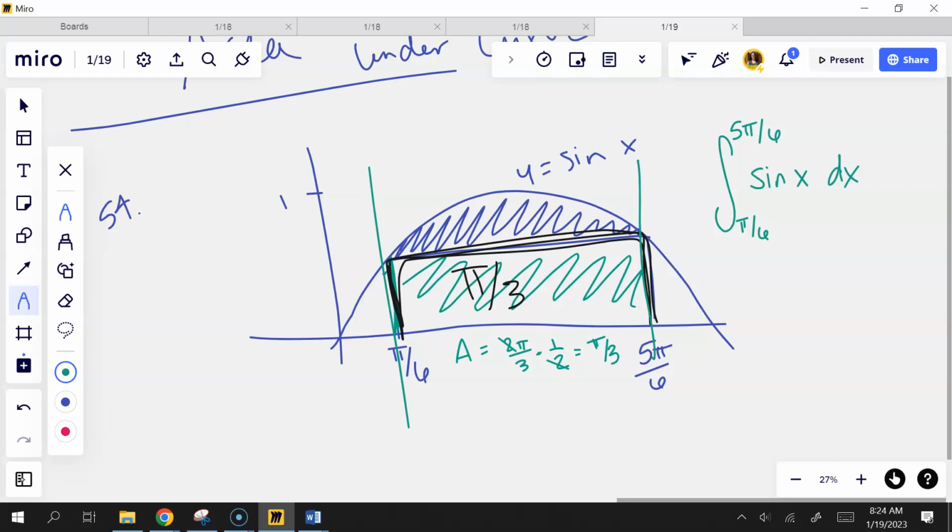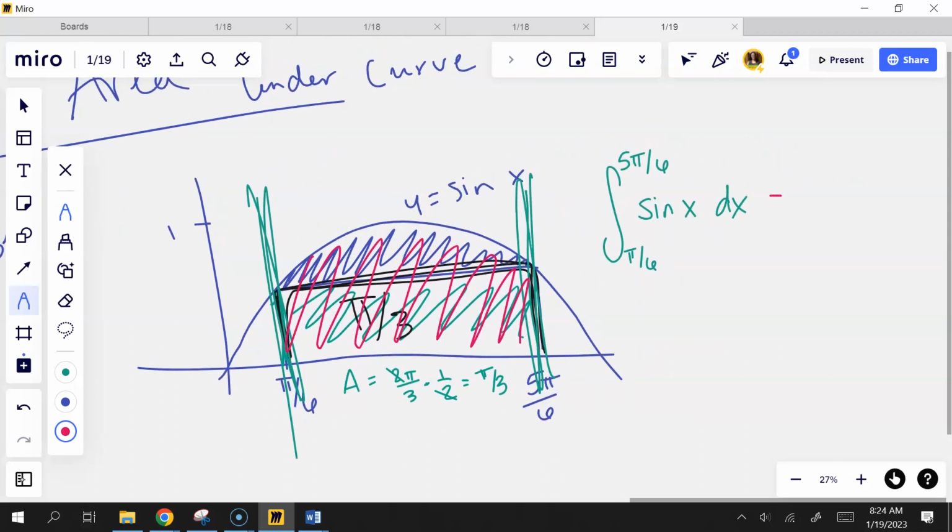Integrals give me the area under the curve, right? So why don't I just do the integral from here to here? Yes, because this is going to give you all of this, right? And then I would subtract out the rectangle.